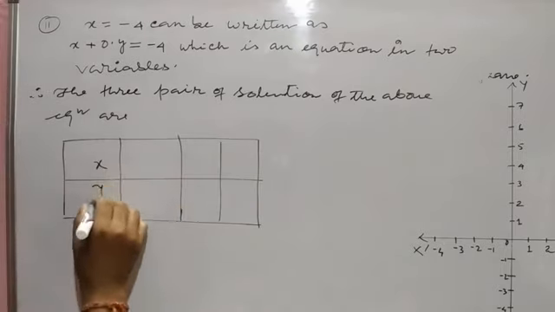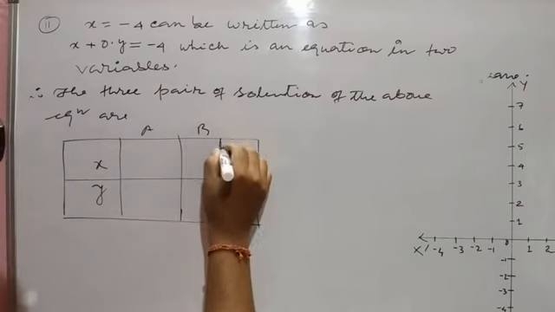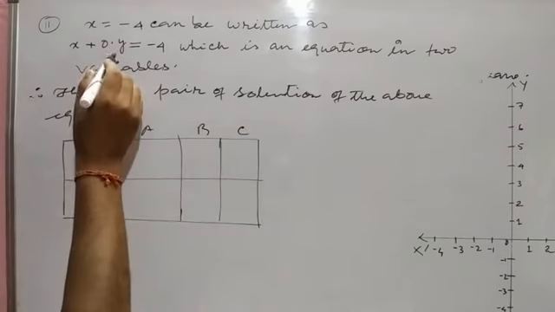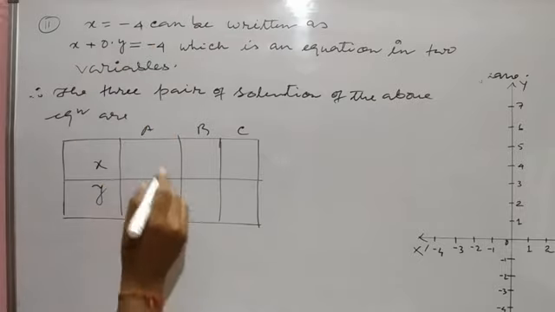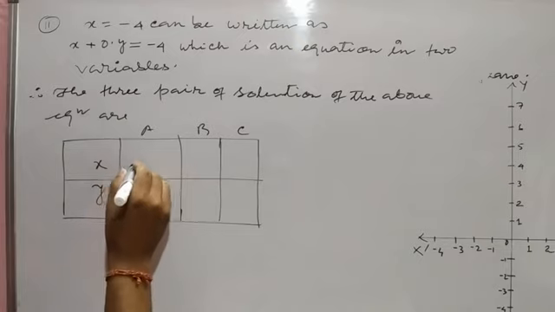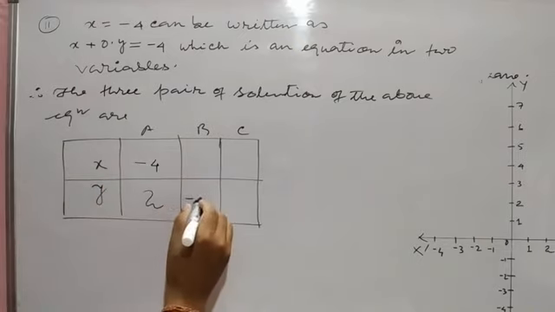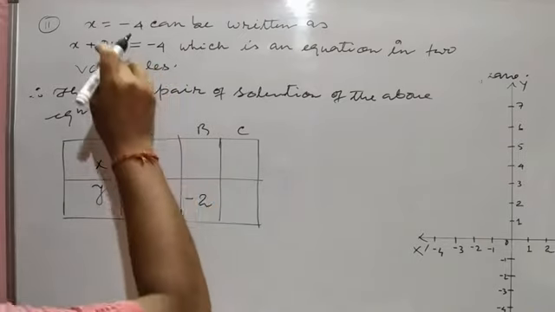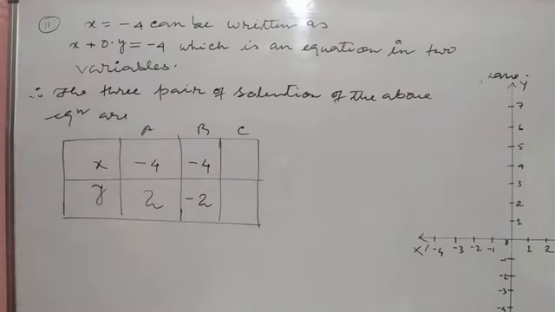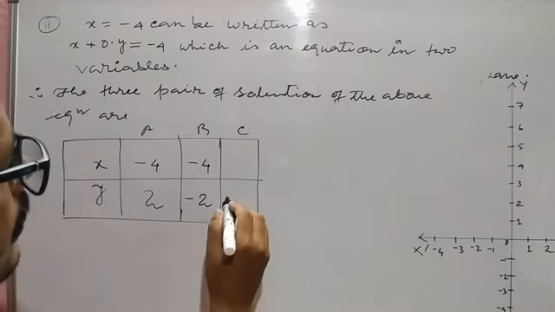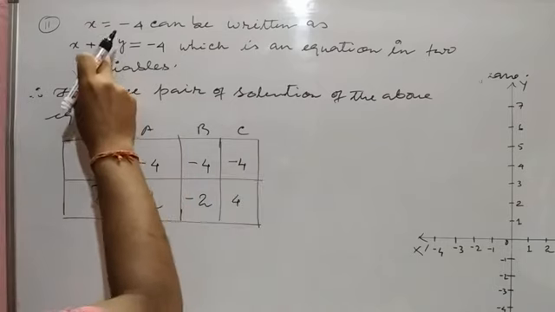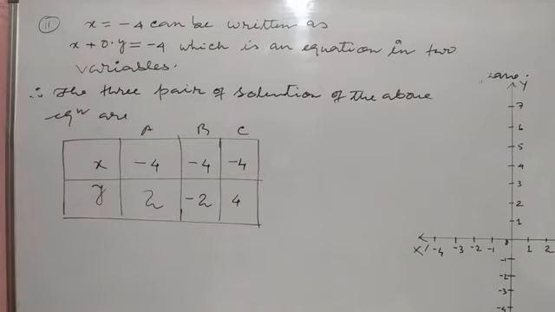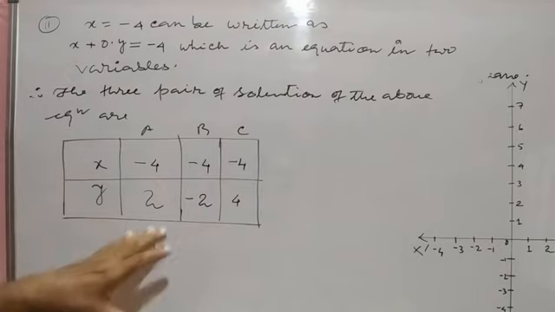If we put the value of y as 2, then 0 into 2 is 0, so x equal to -4. If we put the value of y as -2, then x equal to -4. If we put the value of y as 4, then also x equal to -4. So these are the three pairs of solution.